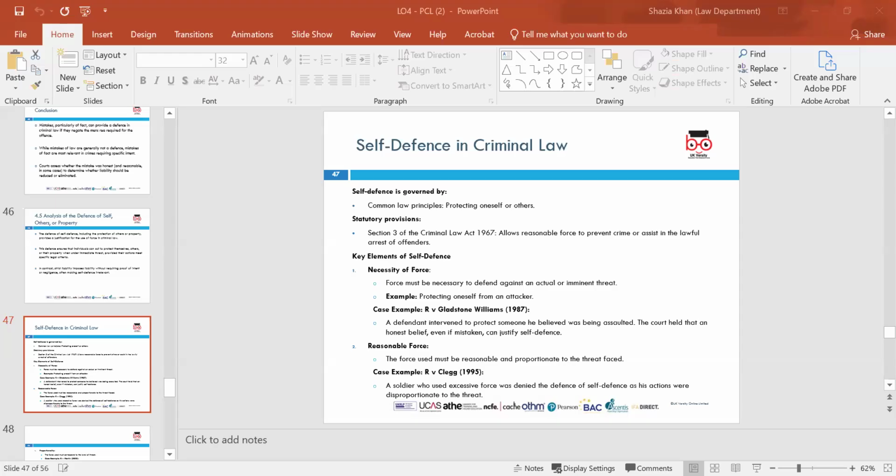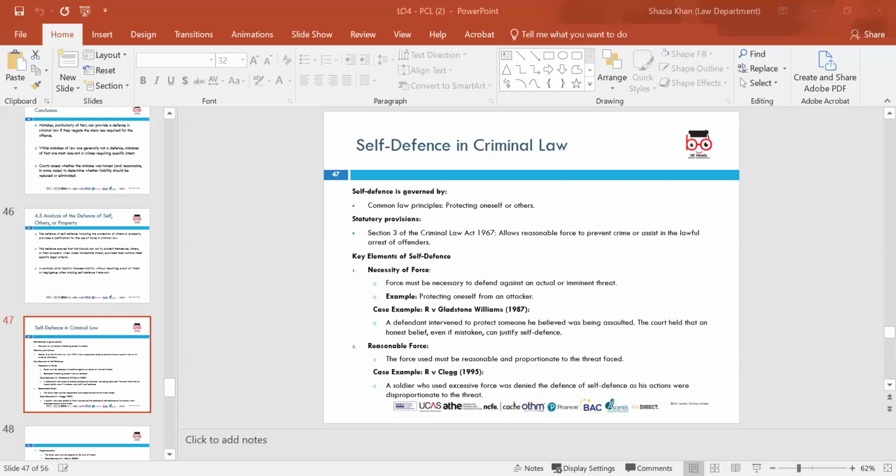The force must be proportionate to the threat, and the defendant may have some allowance for acting in the heat of the moment. So, it is an element of how someone would try to protect their property in regards to self-defense, and it is governed by common law principles to protecting oneself or others.